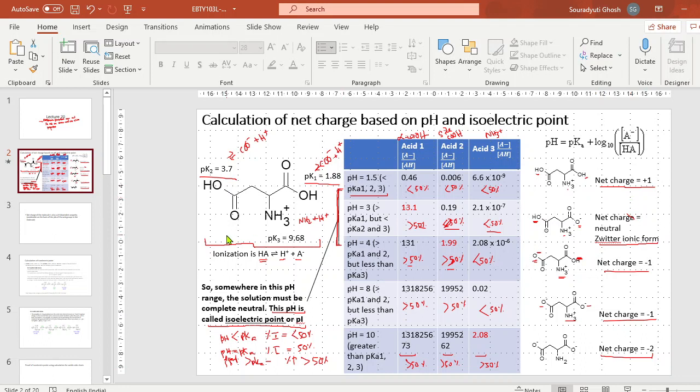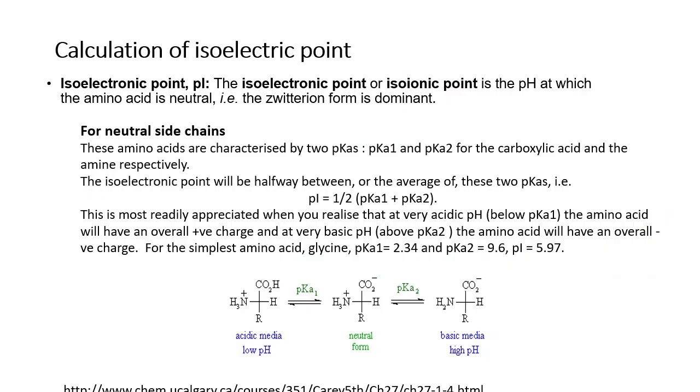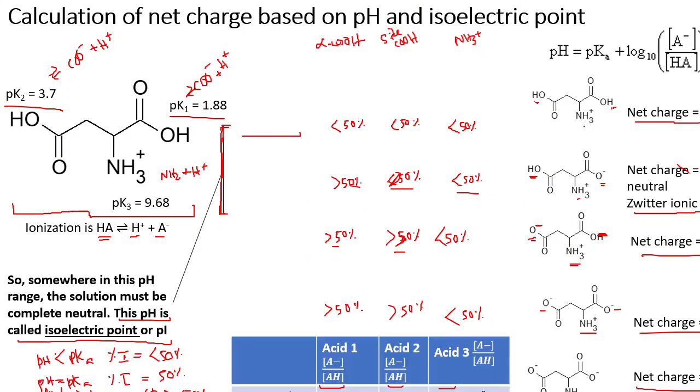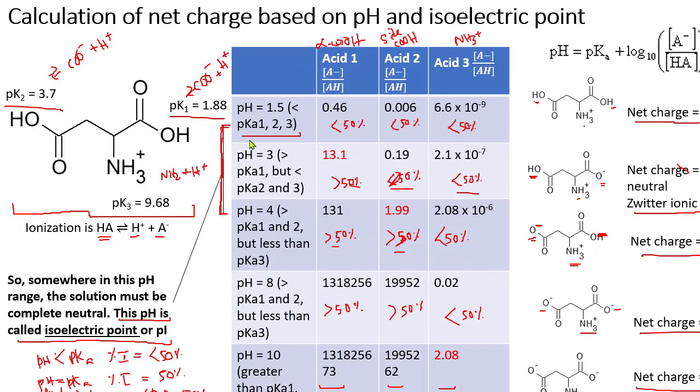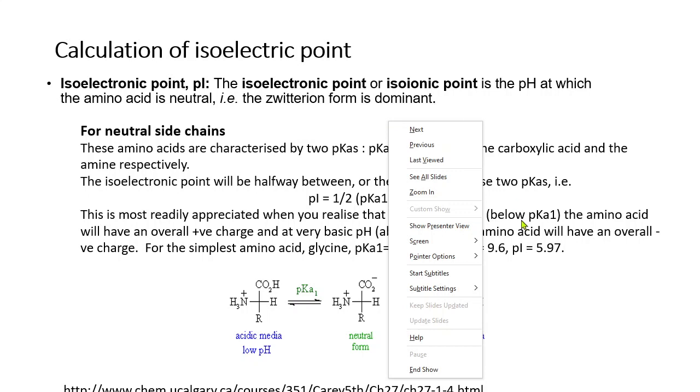So what is the implication of this? The implication is something called the isoelectric point. As we see in this case, in this particular pH range, somewhere the molecule becomes neutral. The isoelectric point is defined as the pH at which the amino acid is neutral, that is, the zwitterionic form is dominant.